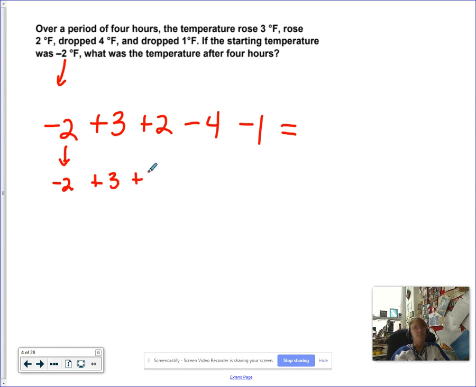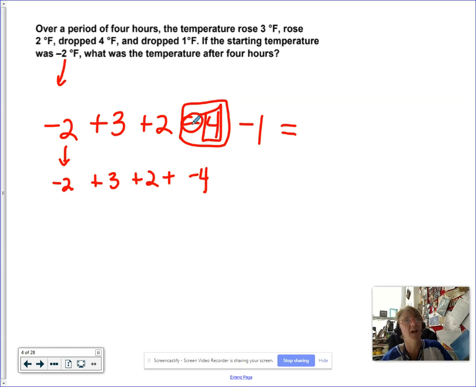Plus 3, plus 2. When I see subtract 4, I like to think of add the opposite. So I'm going to write it this way: adding negative 4, because subtracting a number is the same as adding its opposite.